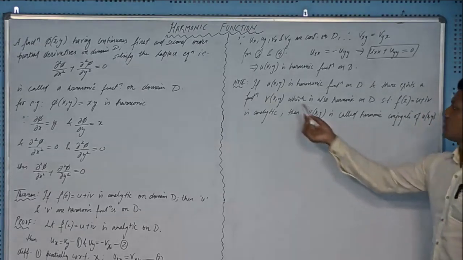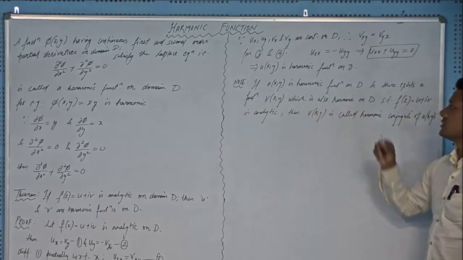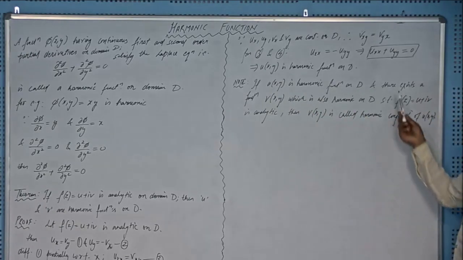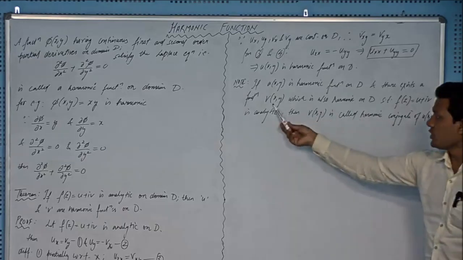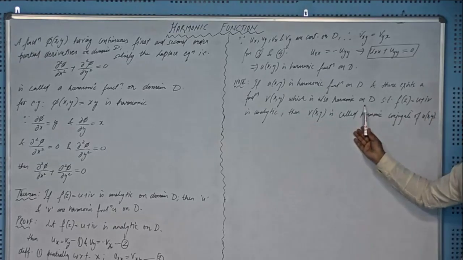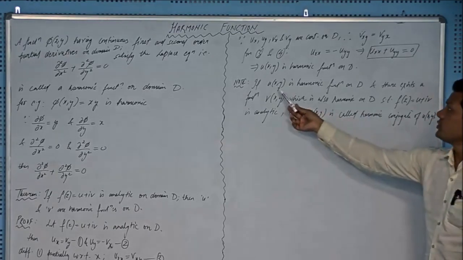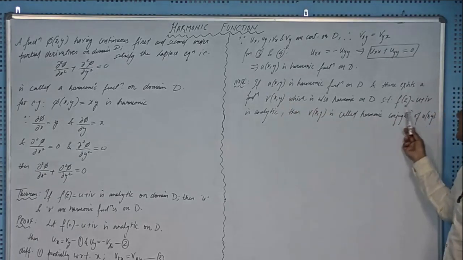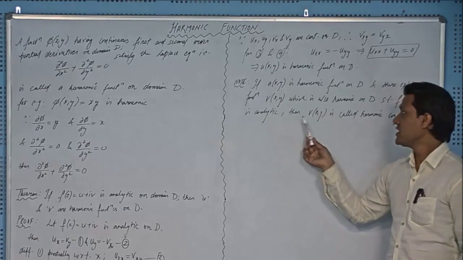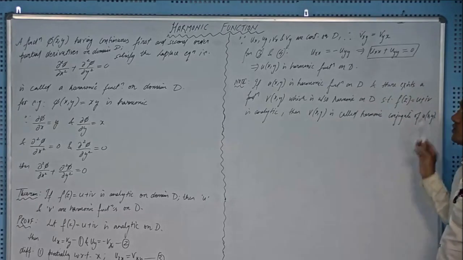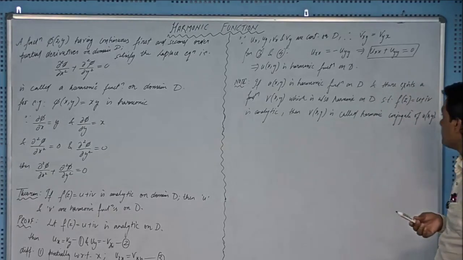So we have one harmonic function u on domain D, and there exists another harmonic function v on the same domain D such that if you add them this way, u plus iota times v, and that function is an analytic function, then we say that v is a harmonic conjugate of u.